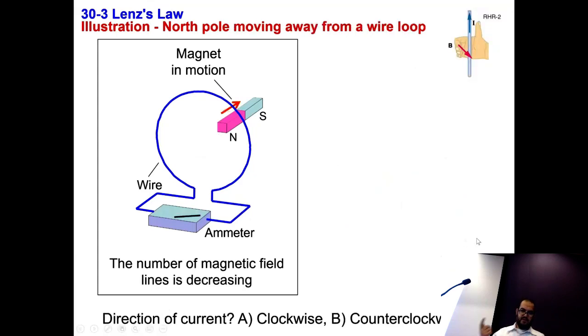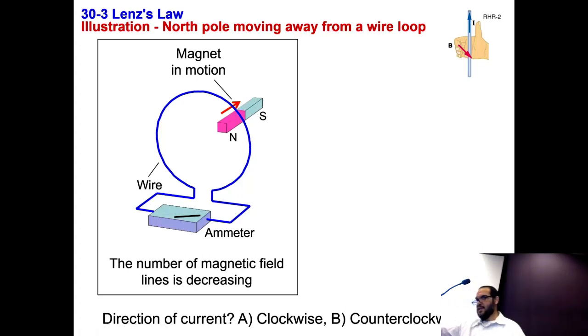So now the North Pole is being taken away. Do you think the induced current is clockwise or counterclockwise? Counterclockwise. It's the opposite of the other one.